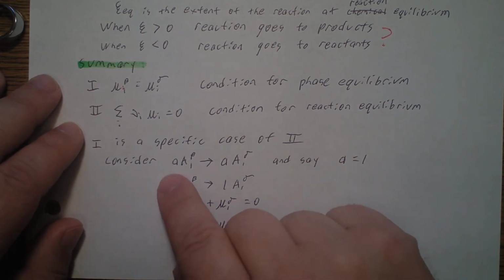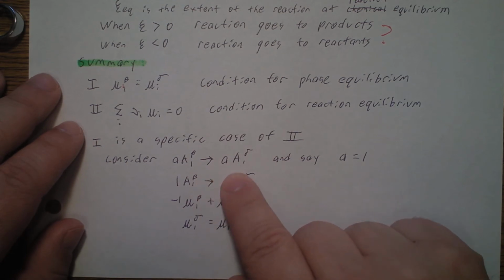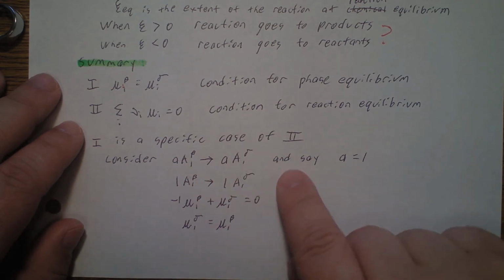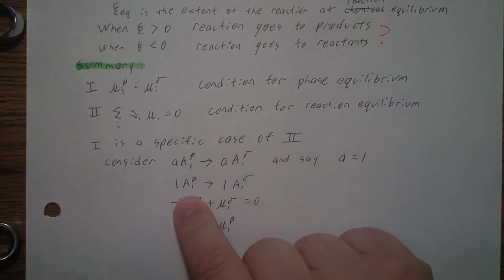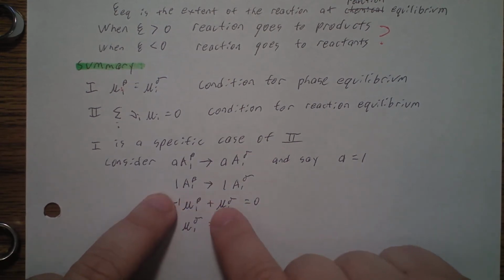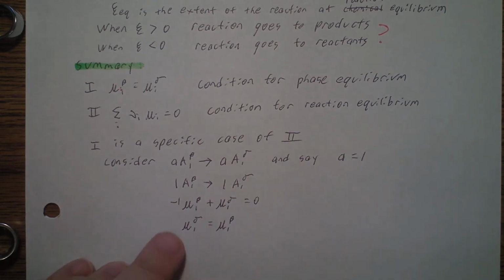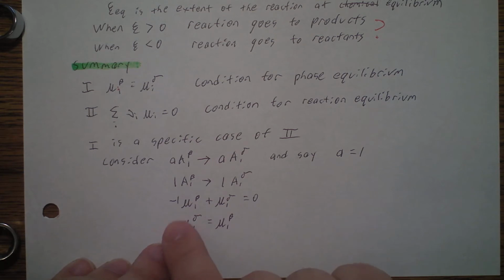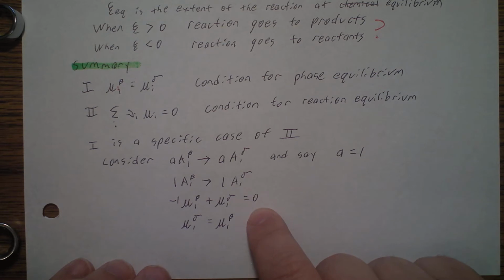For example, let's say we go from a A1 in phase beta to a A1 in phase delta, and let's say that just a is equal to 1. So A1 in beta is going to A1 in delta. Moving those to the same side, we get minus the chemical potential of substance 1 in phase beta plus the chemical potential of substance 1 in phase delta, and that's equal to 0.